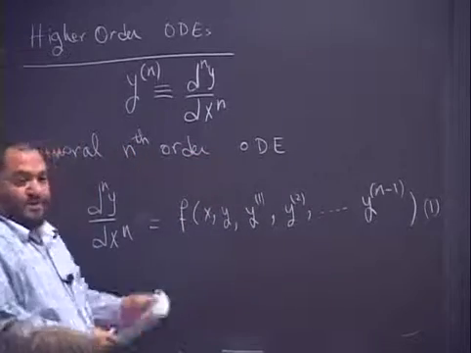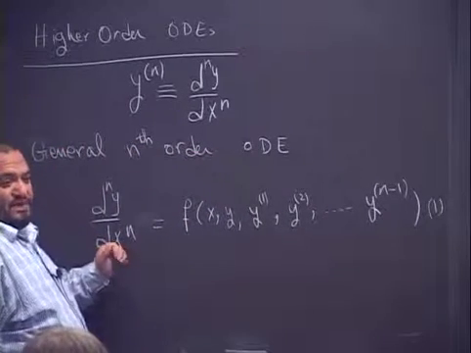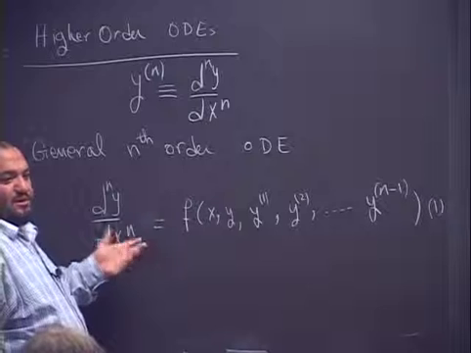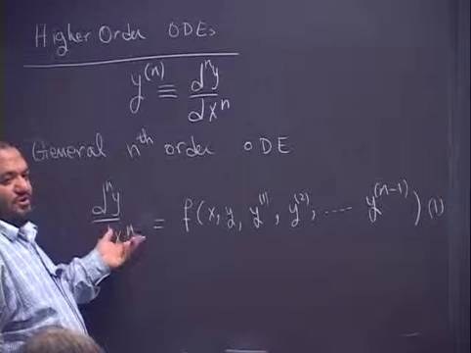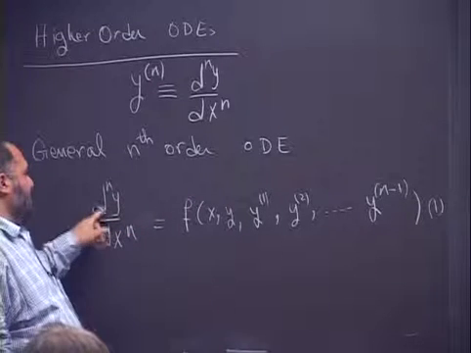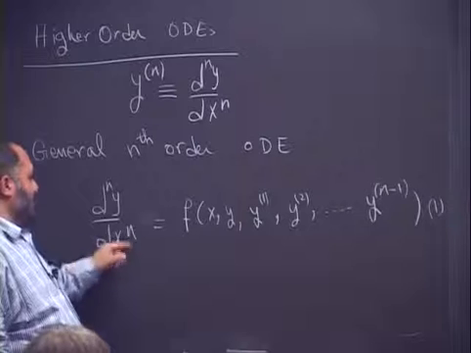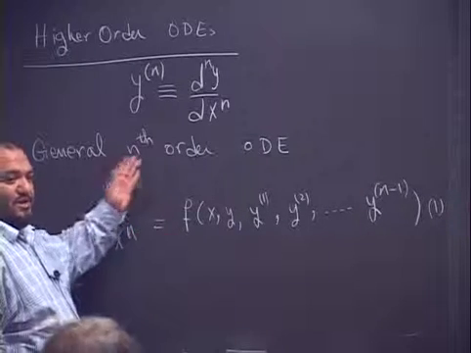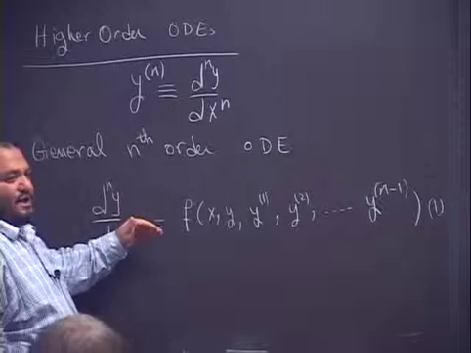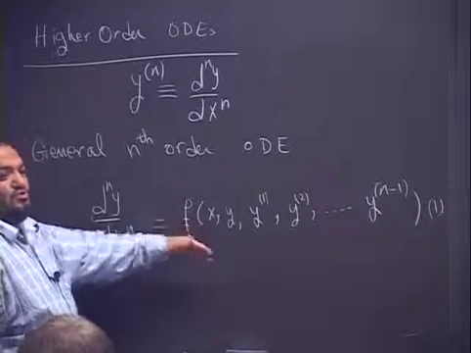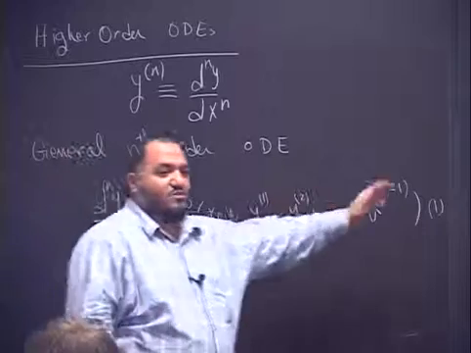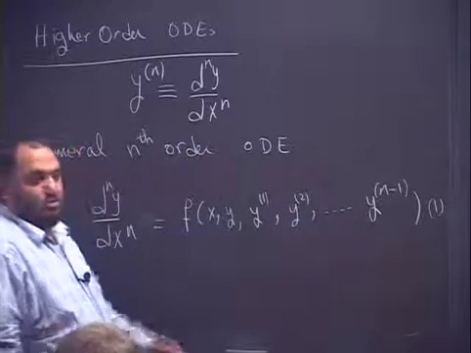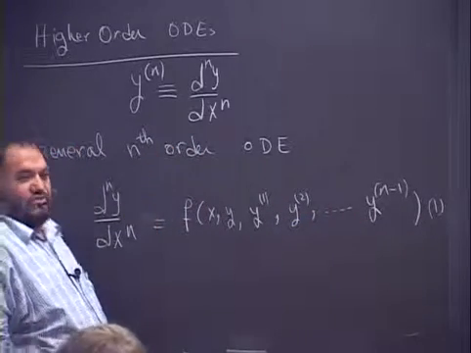If you remember, when we defined the general form for the nth order differential equation, it was d^n y by dx^n plus a_(n-1) d^(n-1) y by dx^(n-1) plus a_(n-2) and so on, up to a_0 y, equal to some function g of x.